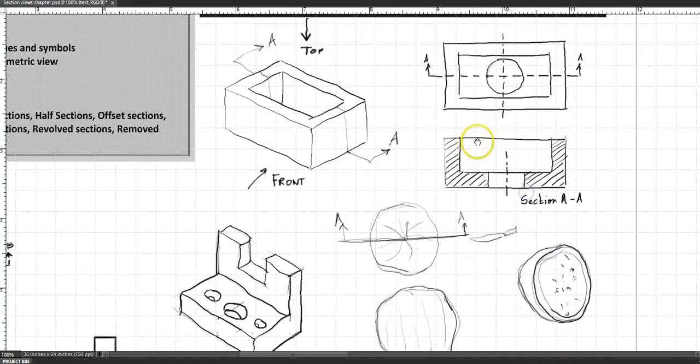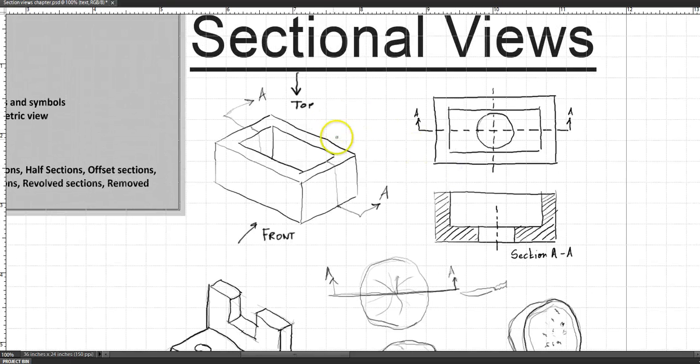Now, for example, if I have an object that looks like a block right here, concrete block is hollow in the middle, and I have the orthographic views, which is the top view and the front view.